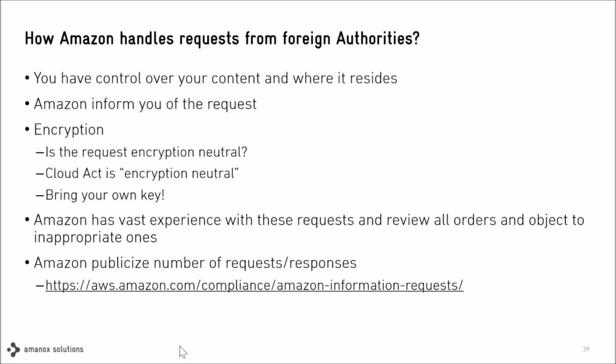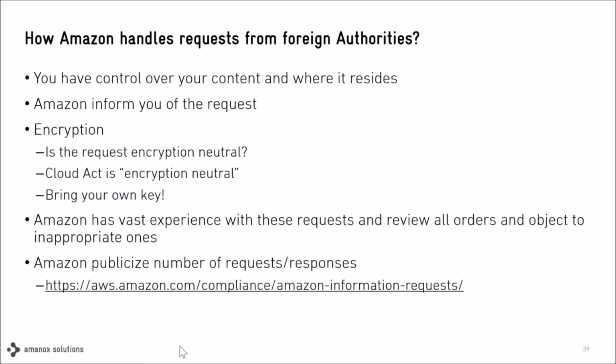Unless prohibited from doing so, or if there is a clear indication of illegal conduct in connection with the use of the products or services, Amazon first notifies the customers before disclosing content information. So if it's the case, you'll first get a notification.